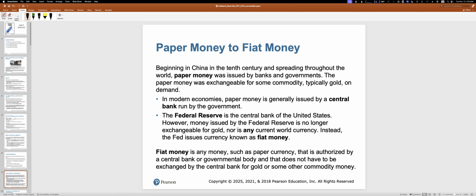But for the most part, they start to get used much more so in the 18th century, the 1700s in England and whatnot. And the transition was that paper money, instead of actually carrying gold around, you would carry a piece of paper around that you could always turn in for the gold, right?